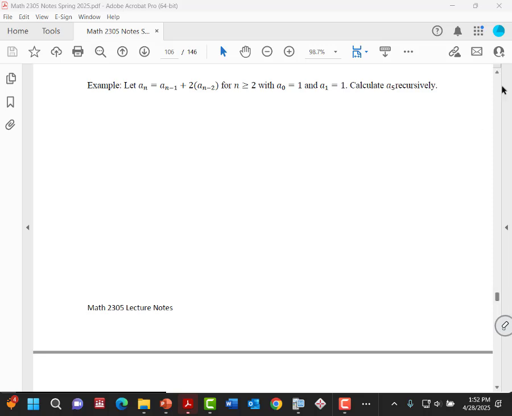Let's let A sub n equal A sub n minus 1 plus 2 times A sub n minus 2 for n bigger than or equal to 2, where A0 and A1 both equal 1. And then we wish to calculate A sub 5 recursively. Okay, so here's the formula or the definition of the sequence.